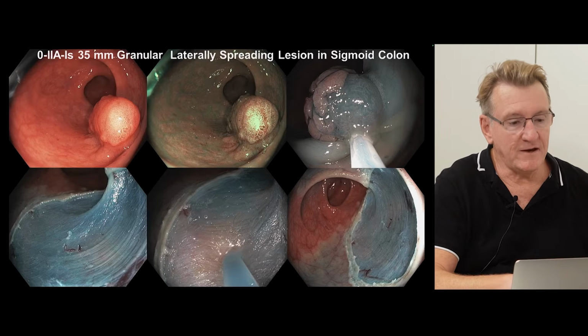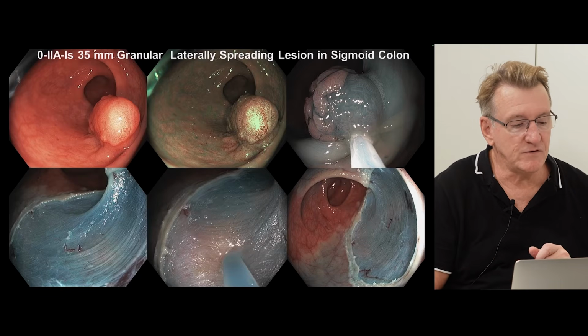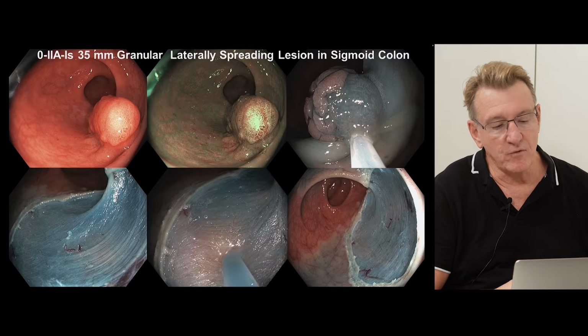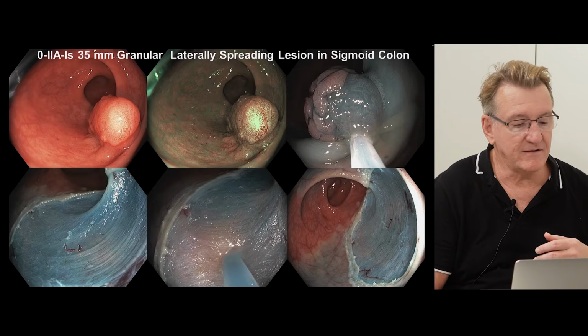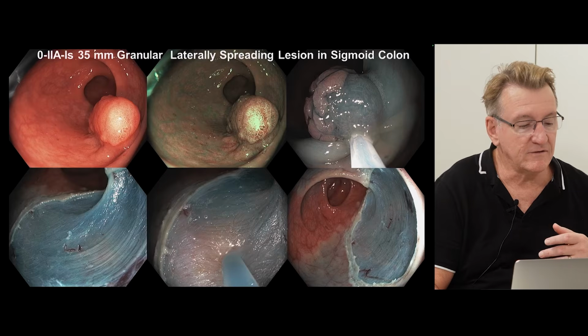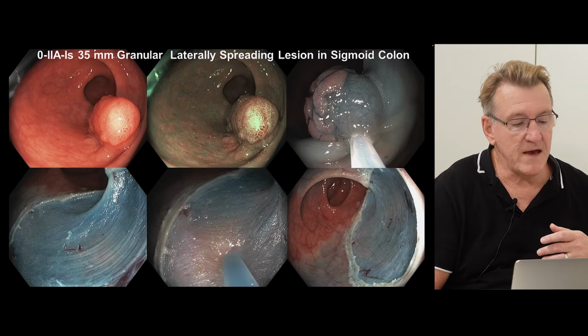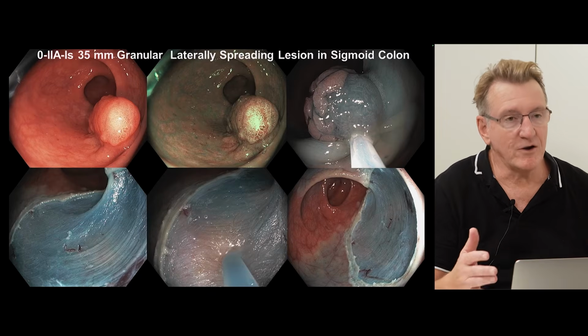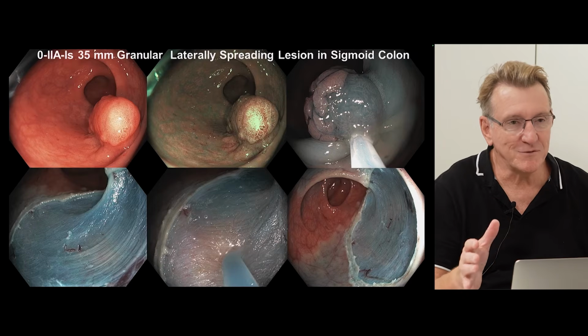So when you look at a normal post-EMR defect, you should see this bland blue mat of intersecting fibers with occasional vessels. If you're in the right colon, you might see a bit of fat. You see a vessel in the foreground here, another vessel over here, but this is the bland blue mat of the submucosal defect, or what we call deep DMI type 0, or submucosal defect type 0.